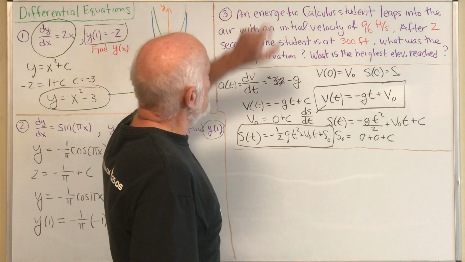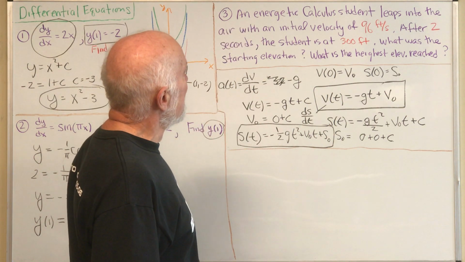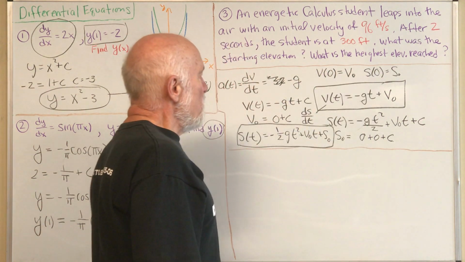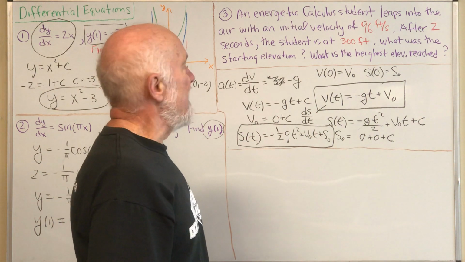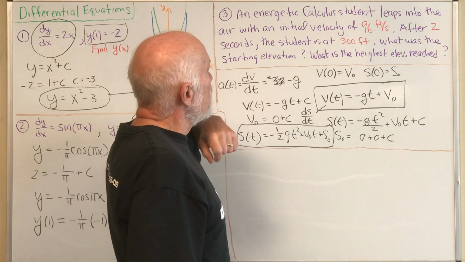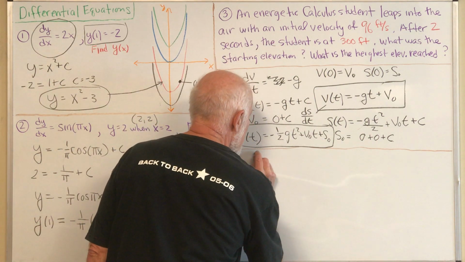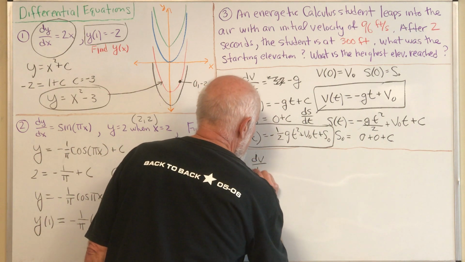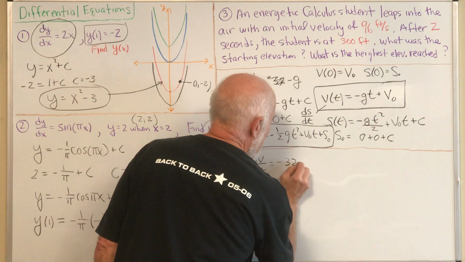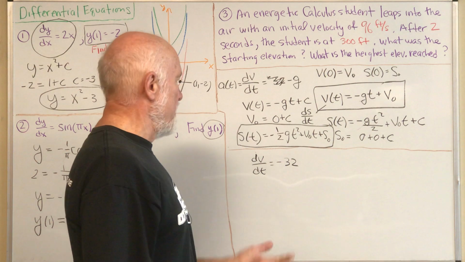Well, let's go back now to this calculus student. What are we trying to find? And let's even kind of assume that we haven't even gotten these equations yet. You could say, if this calculus student was on Earth, that its acceleration, or its rate of change of velocity, was negative 32. Because that's the gravitational constant on Earth.